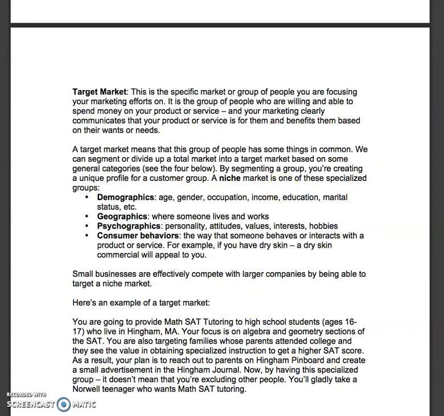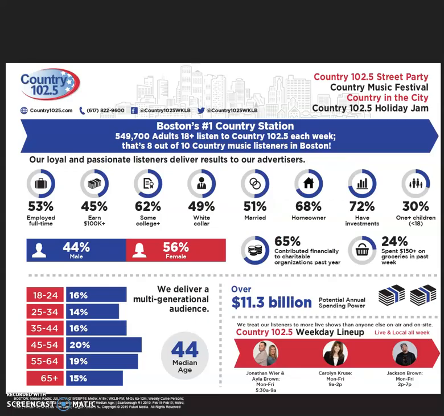Here's an example I was just looking at from a local country music station in Boston, Country 102.5. They provide music to their audience, and they're also collecting information from a variety of different sources.